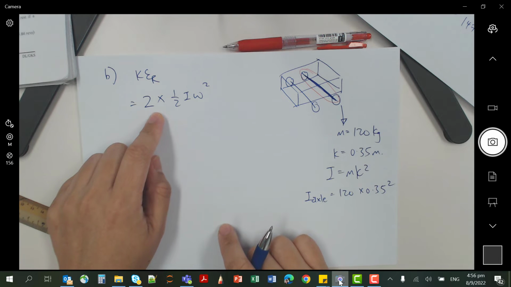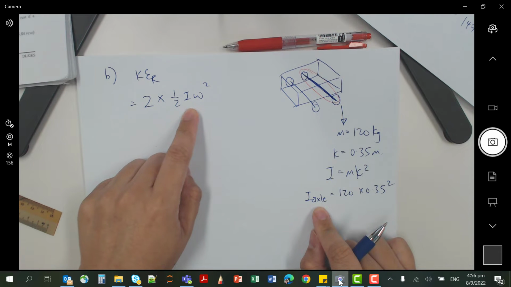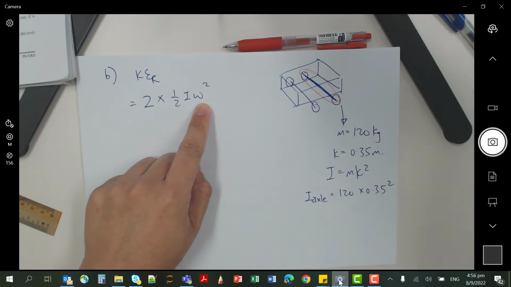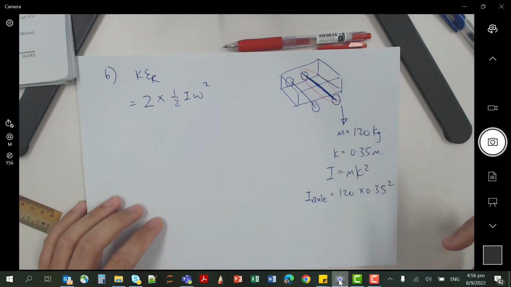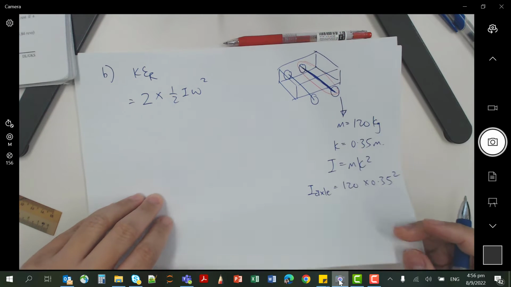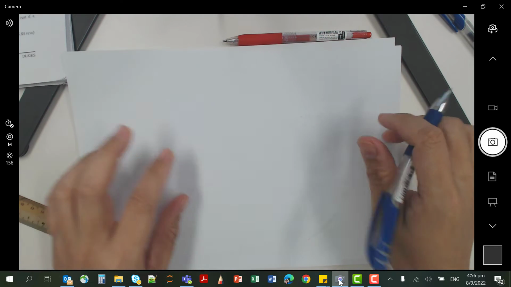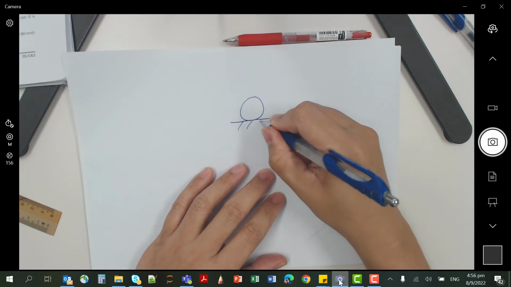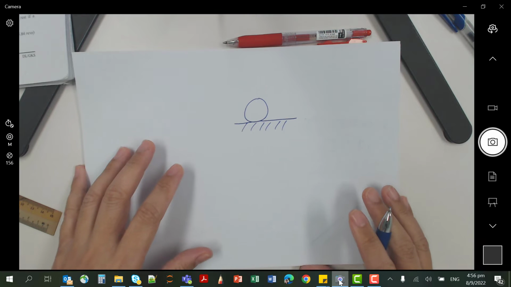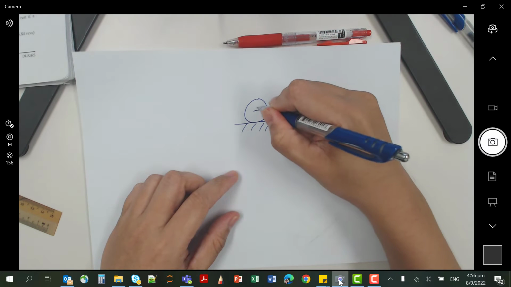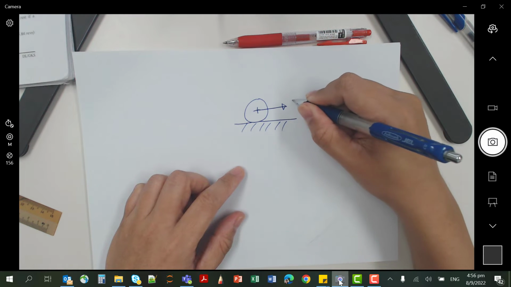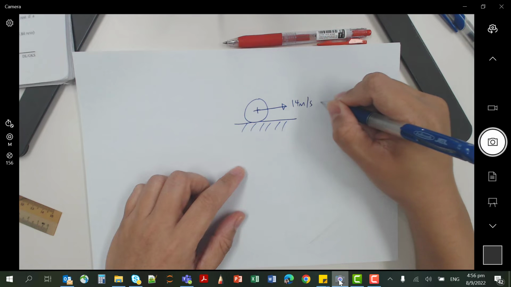Now I have I already. I need to find out what omega is. How do you find omega? This is the theory here. Imagine your wheel is going along the surface, your wheel is rotating here, so the center of the wheel is going at 14 meters per second.